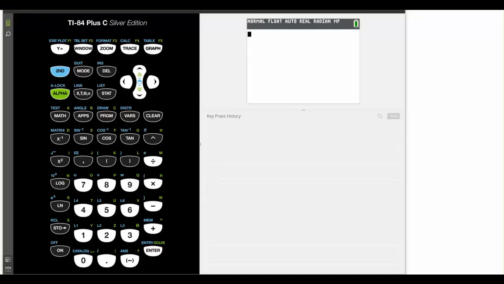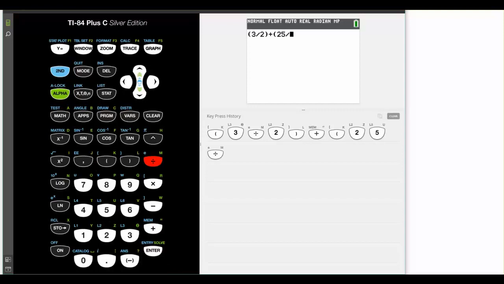On my calculator, and here's the screen over here on the right, anytime you add fractions, you have to surround them with parentheses. So I put parentheses 3 divided by 2 plus, open parentheses, 25 divided by 16. My calculator takes a little while to respond. Close my parentheses.